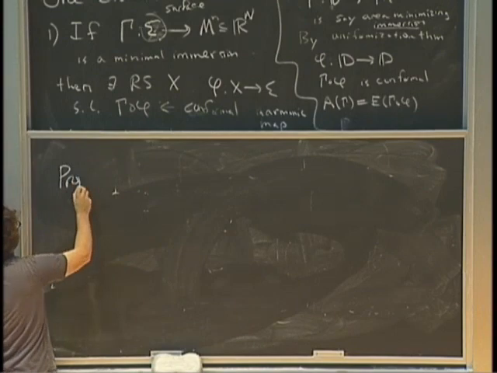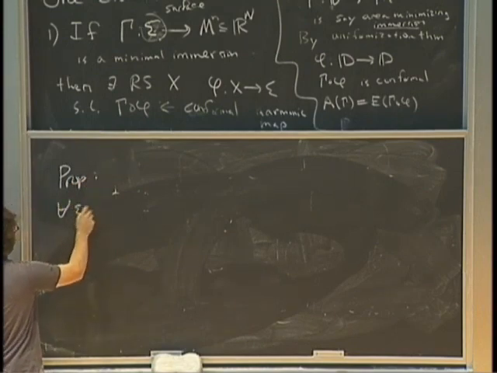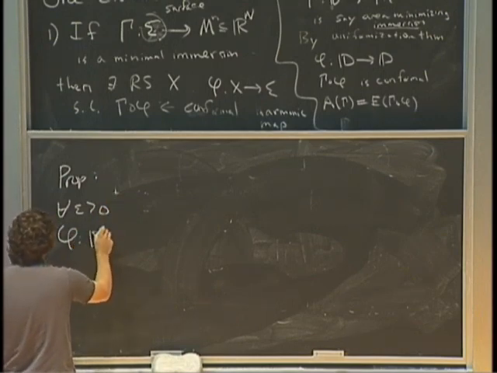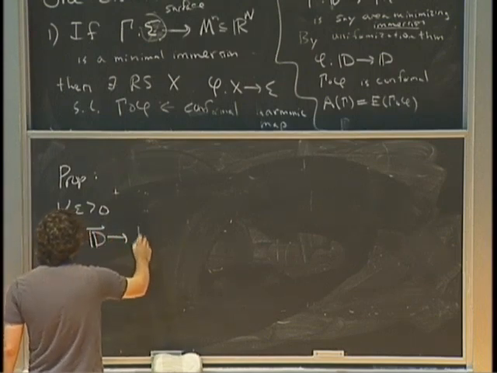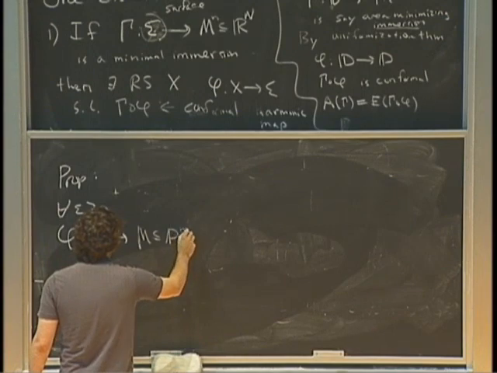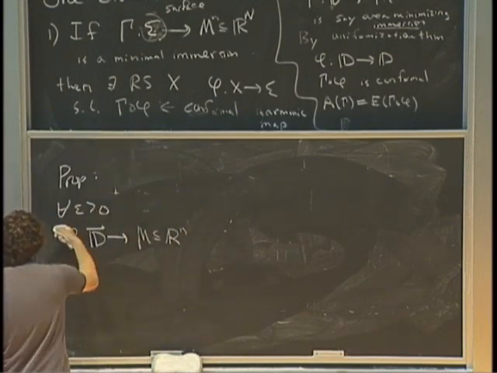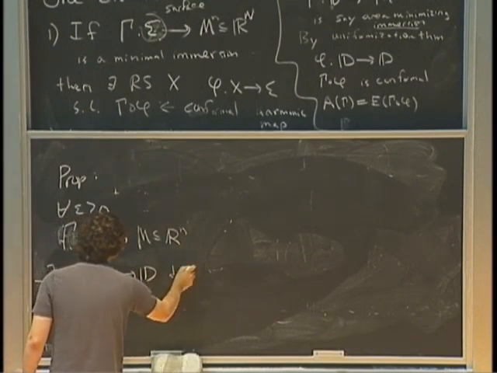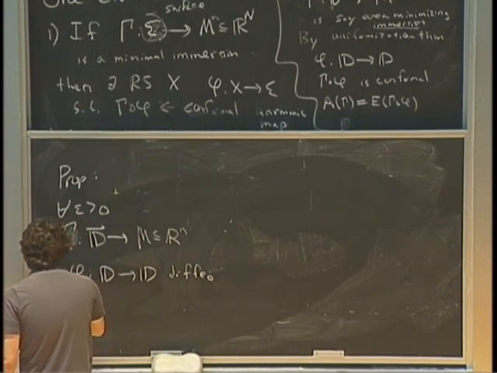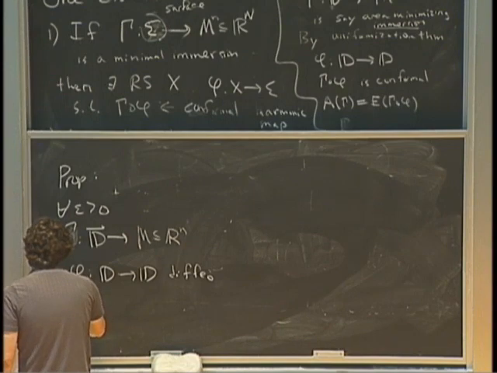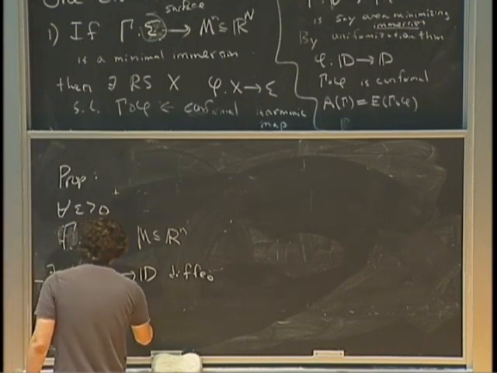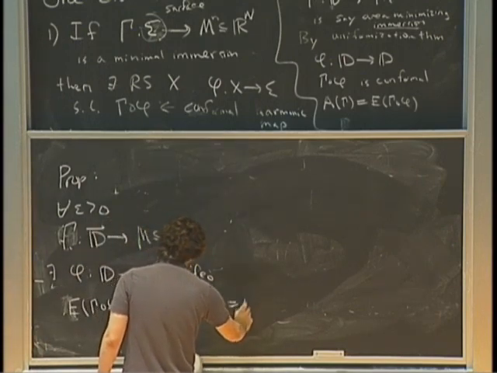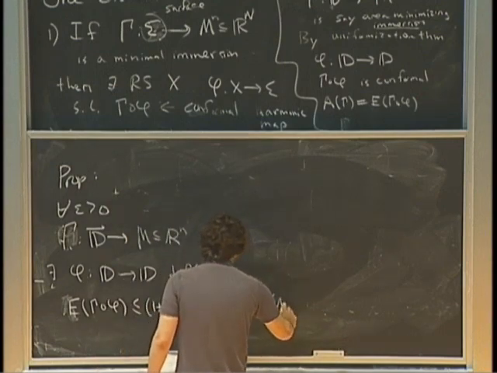For all epsilon greater than 0, if gamma takes the closed disk D to R^n, then there exists a diffeomorphism phi that takes D to D such that the energy of gamma of phi is less than or equal to 1 plus epsilon times the area of gamma of phi, which of course is just 1 plus epsilon times the area of gamma.